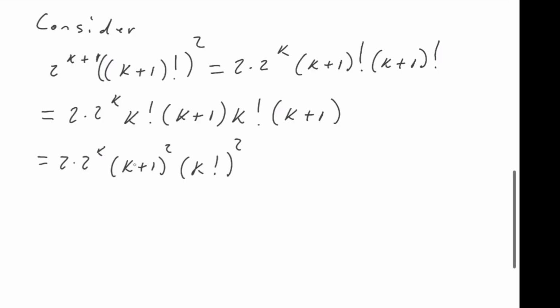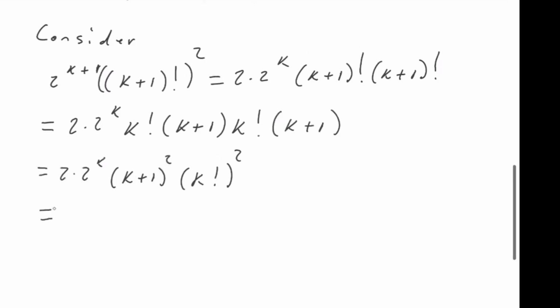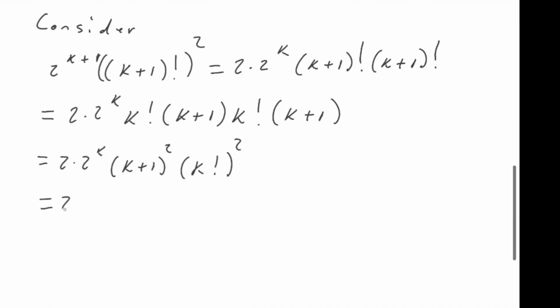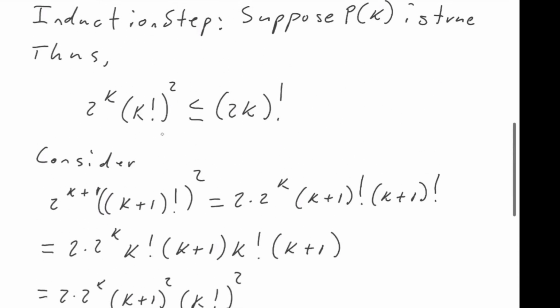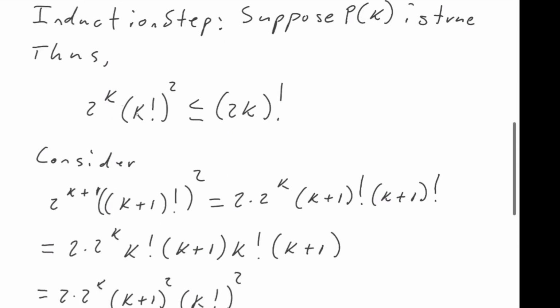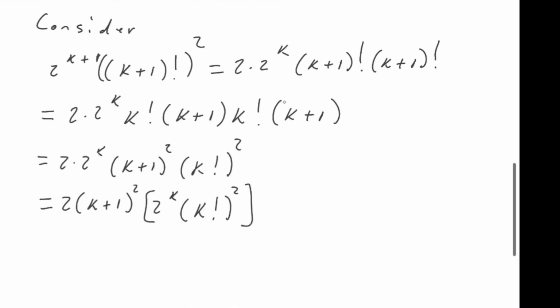Okay, so the reason why I did this is because I can use my induction step here. So I'm going to put 2 times k plus 1 squared. And then I can see this is 2 to the k times k factorial squared. And I know this is less than or equal to 2k factorial.